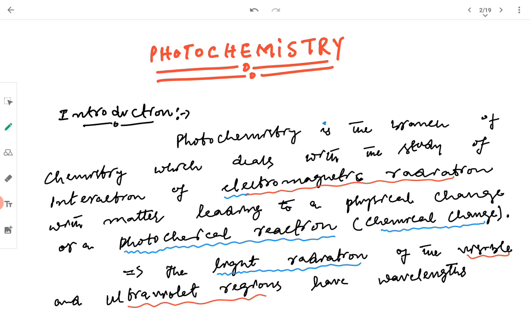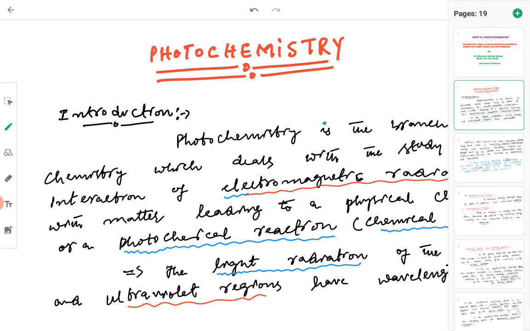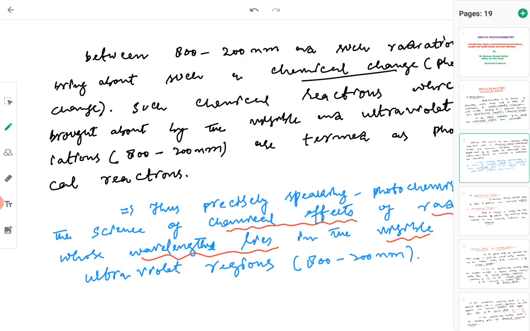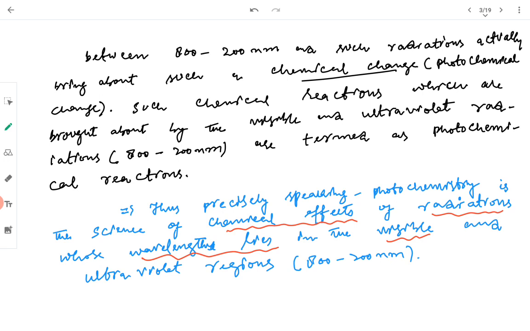So the light radiation of the visible and ultraviolet regions have wavelengths between 200 to 800 nanometer, and such radiations bring about chemical changes, which are known as photochemical changes.